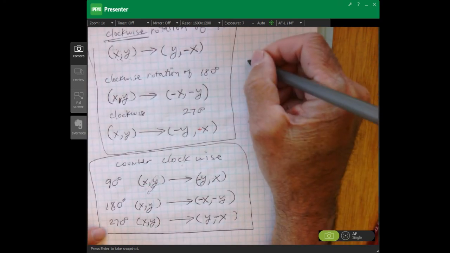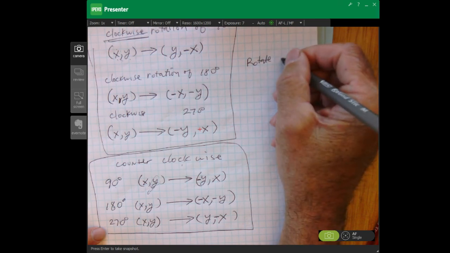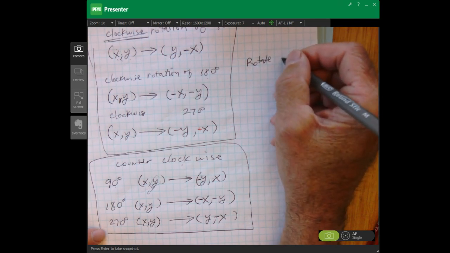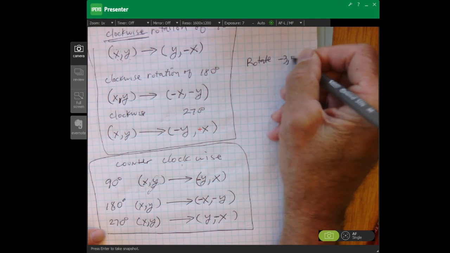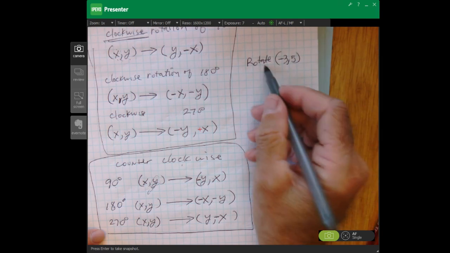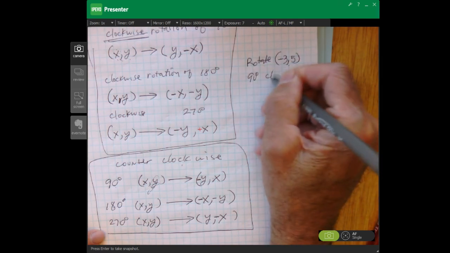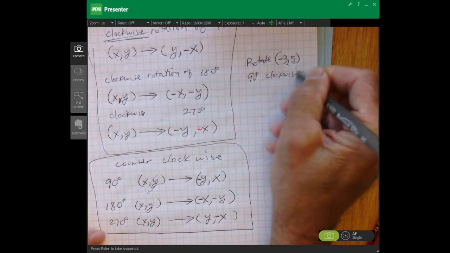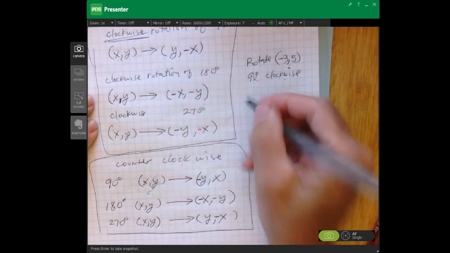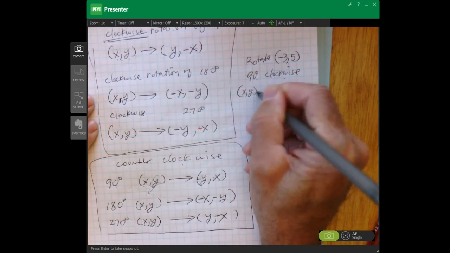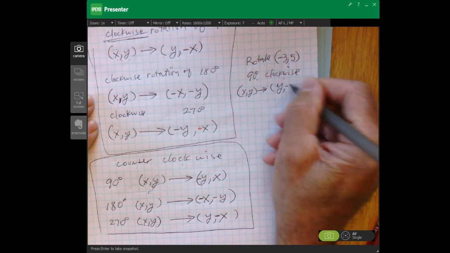So let's say, for instance, we want to rotate a point, and we'll start off with one that has a negative value in it. So negative 3, 5. We're going to rotate that one 90 degrees clockwise. So 90 degrees clockwise is x, y rotate, and it goes to y comma negative x.